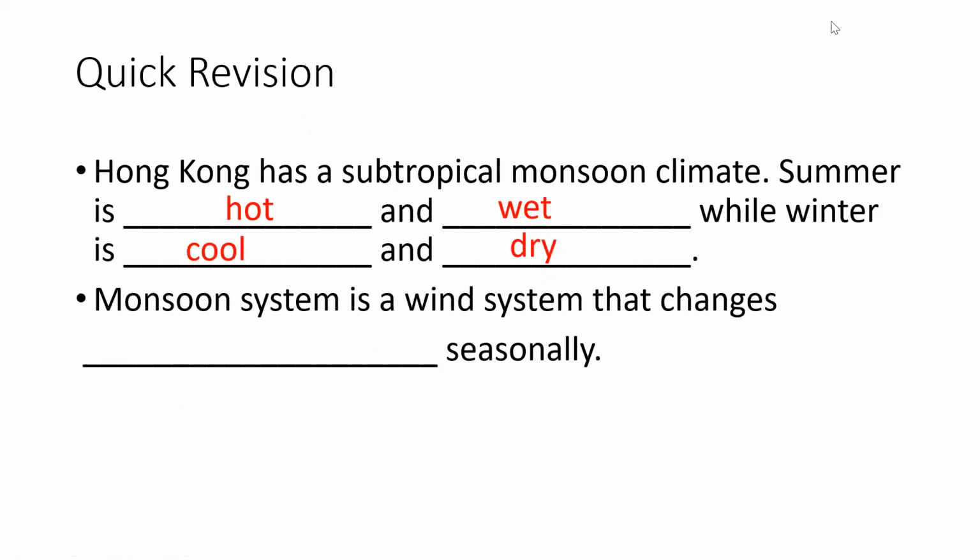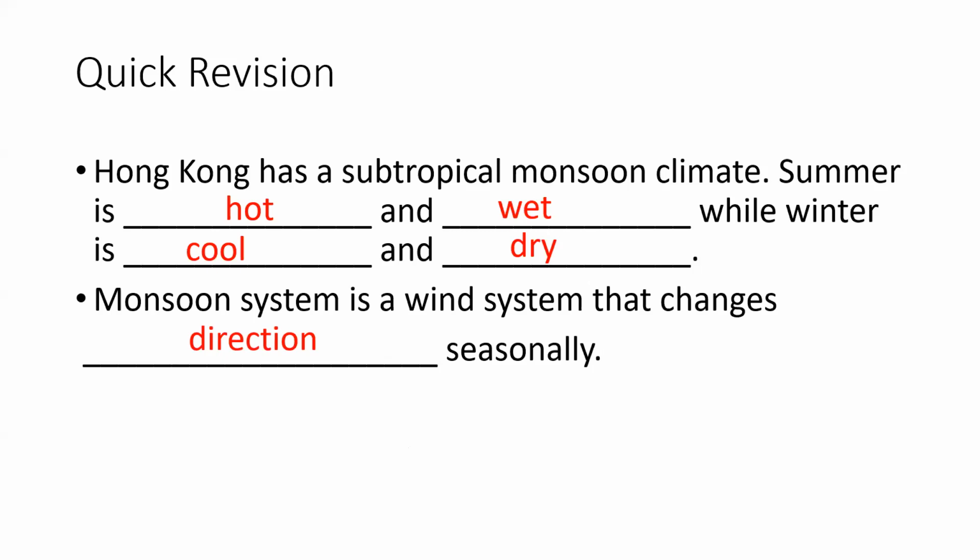How about monsoon system changes what seasonally? Monsoon system changes what seasonally? Direction. Okay, monsoon system changes the wind direction.